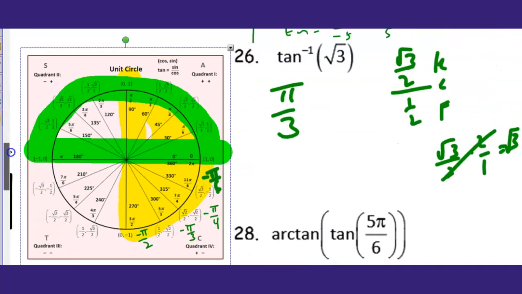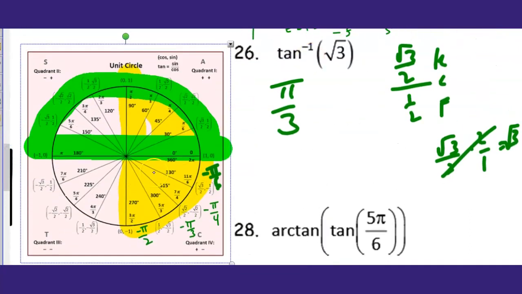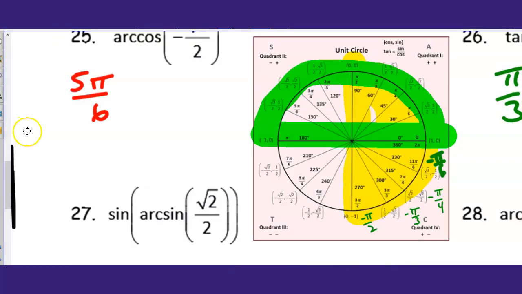Here, let's move this down so we can have it. Alright, right here. Arc sine of radical 2 over 2. So I'm going to address this first. Sine inverse is the yellow over here, and remember, this is the y value.